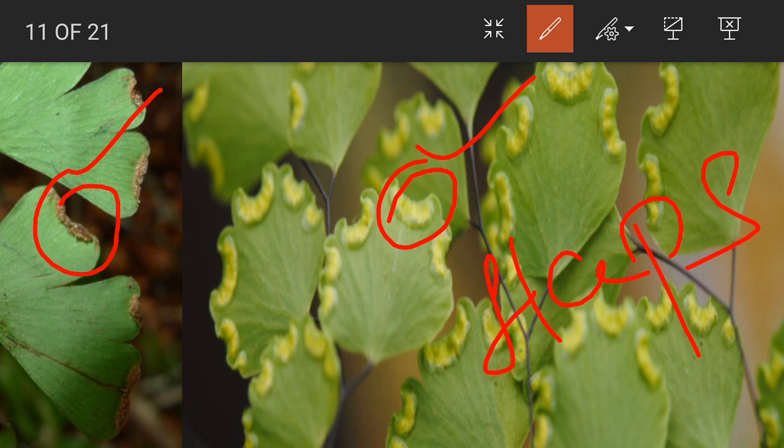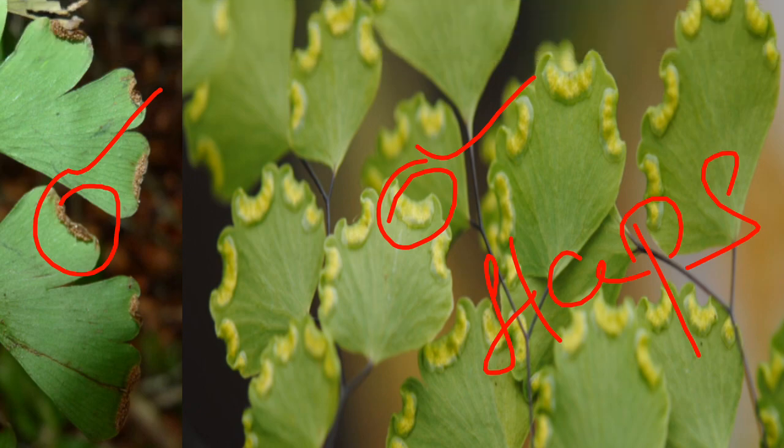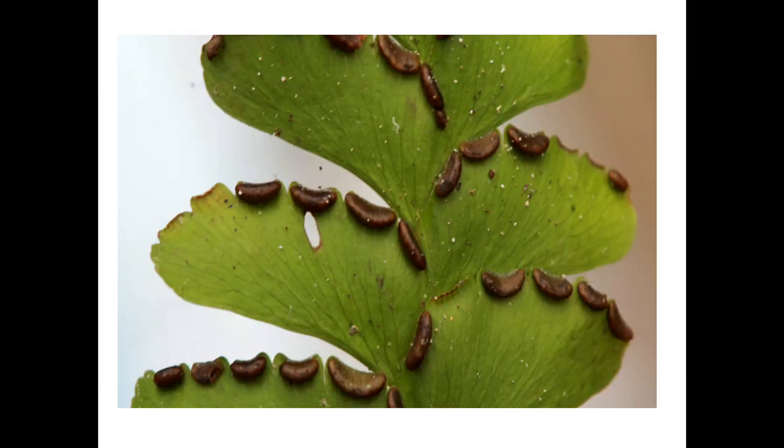Whatever the sori are there, what happens is the leaf margin itself is going to fold over the sori, and those foldings of the leaf margin over the sorus or sori are said to be the marginal flaps. So this is about the sporophyll.